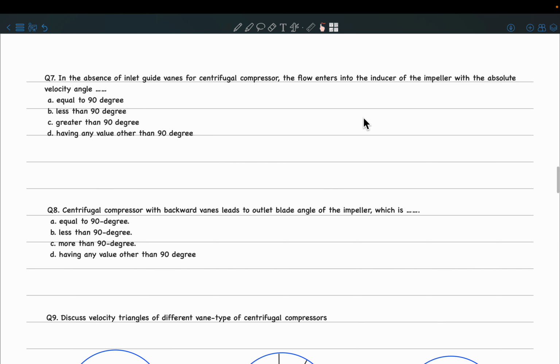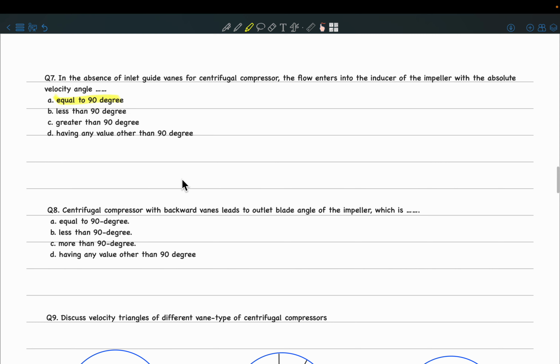So, what is the purpose of an inlet guide vane? That is to adjust the angle, right? Now we are saying there is no inlet guide vane. Then how will the flow enter into the inducer in the impeller? Yes, axially. So it is going to be at 90 degrees, right? So the answer is A over here.